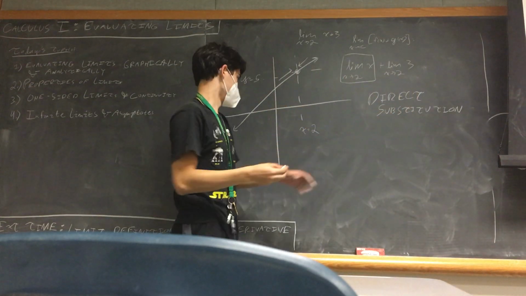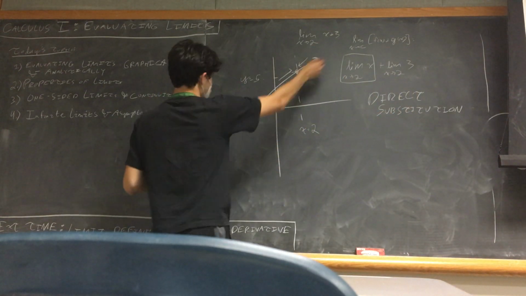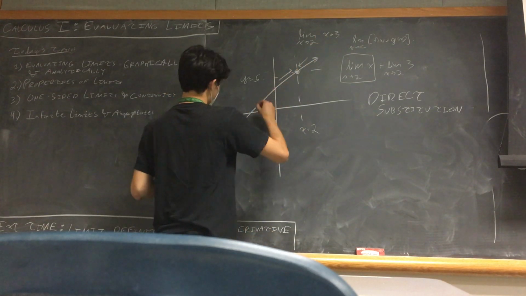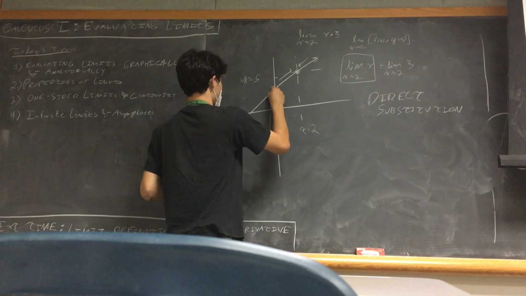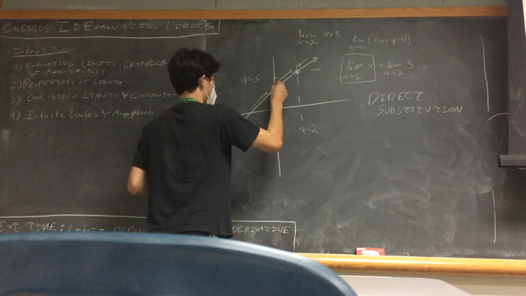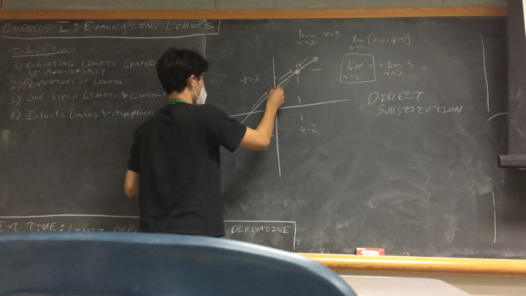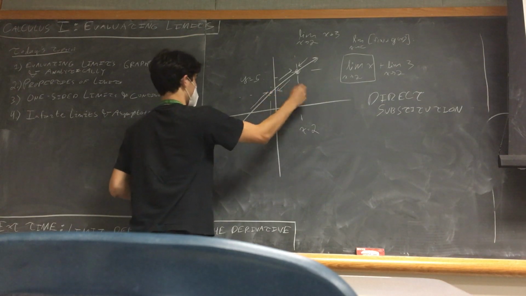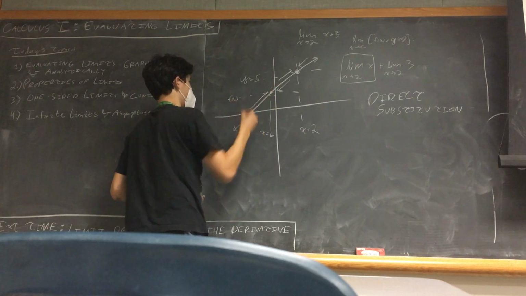And what this means is that if you've got a graph like this, where f of x is continuous, you can see that anywhere you choose any point, let's say point x equals b, the limit from the left and the limit from the right will approach f of b. This here is f of b.